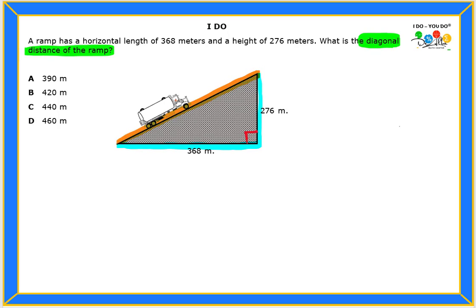And if this is a right angle, then the 276 and the 368, they're not equal, but they are my legs, right? And when these two are considered the legs, then we can basically label them either A or B. And where is this coming from? Anyone? It is coming from the Pythagorean theorem.